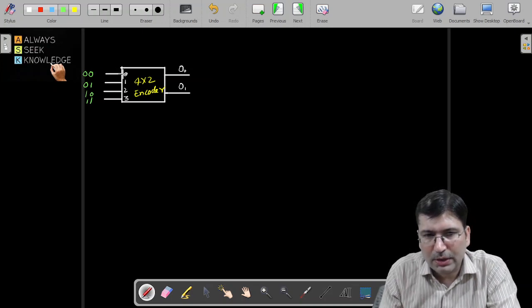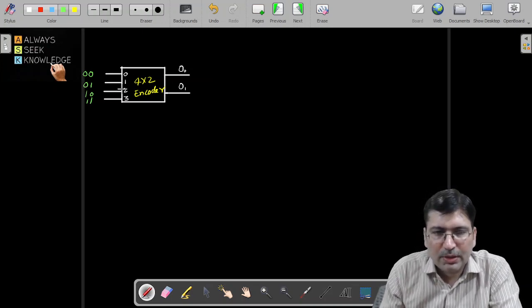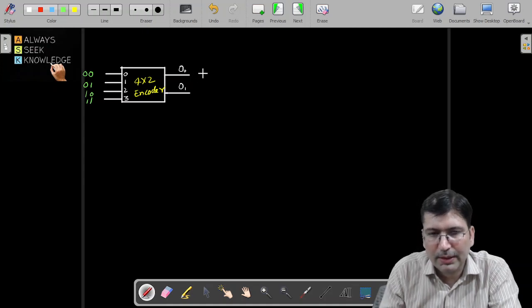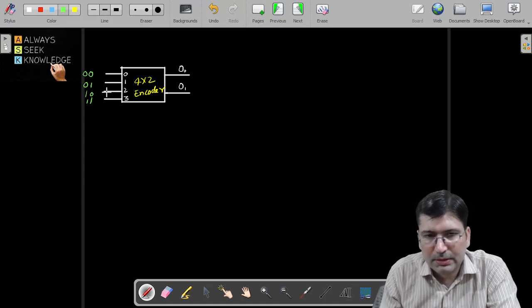Similarly, if this input is high, that is I1, we will get 0 1. If input 2 is high, then we will get 1 0. And if the third input I3 is high, then we will get 1 1.